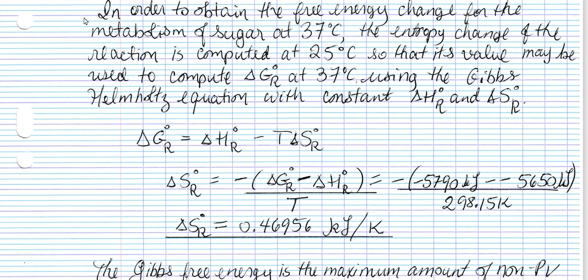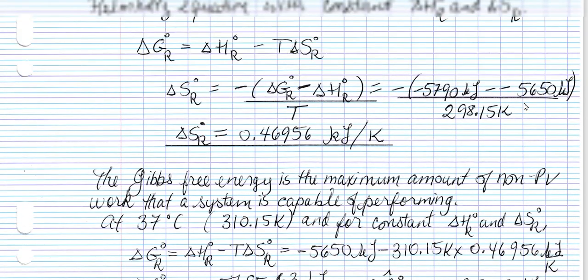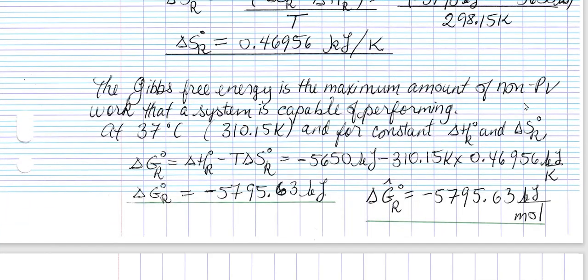This was done because, in order to obtain the free energy change for the metabolism of sugar at 37 degrees Celsius, the entropy change of the reaction is computed at 25 degrees Celsius, so that its value may be used to compute the delta G of the reaction at 37 degrees Celsius, using, again, the Gibbs-Helmholtz equation with constant delta H and delta S. This is very important. While the equations are simple, the interpretation could be confusing.